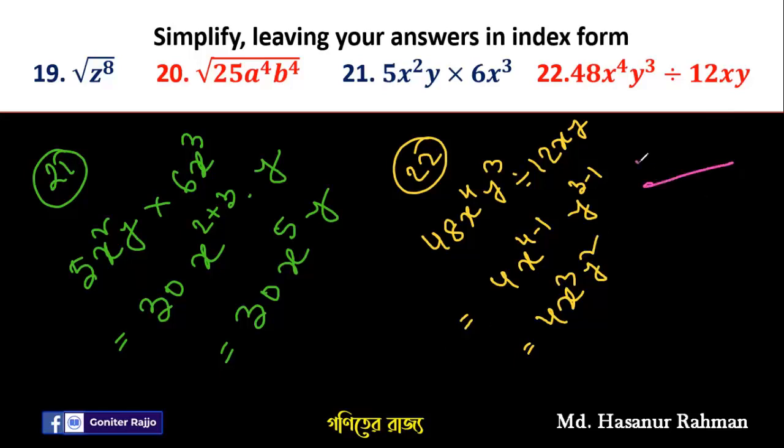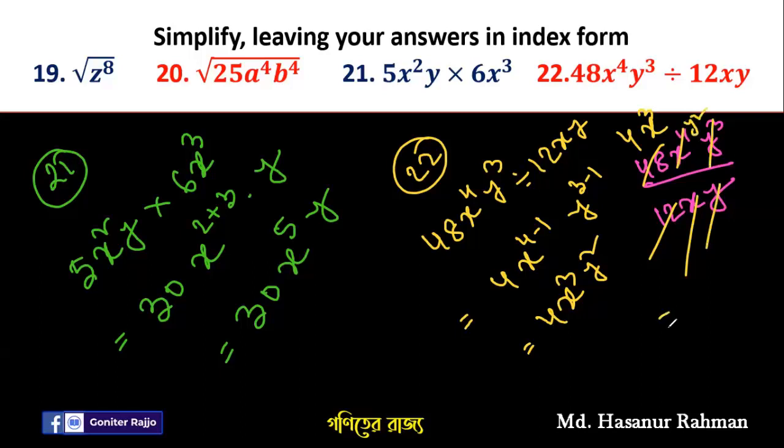You know that 48x to the power 4 y cube divided by 12 xy. So if we just divide 48 by 12, that will be 4, x to the 4 by x, that will be x cube, and y cube by y, that will be y square. Then the final answer will be 4x cube y square.